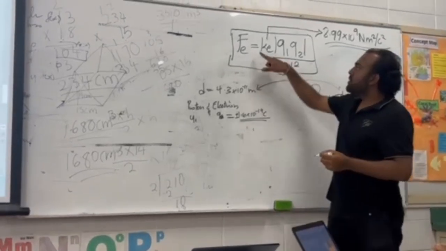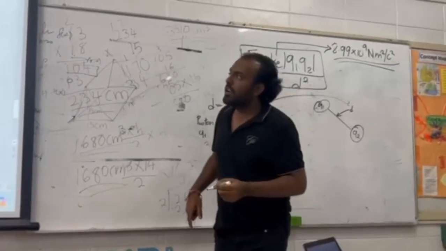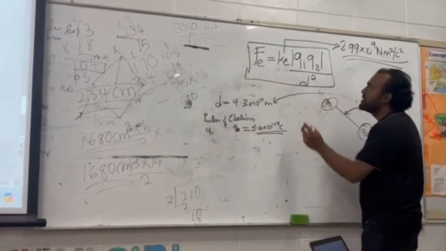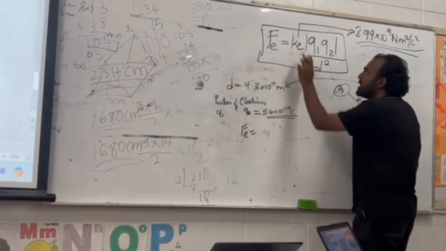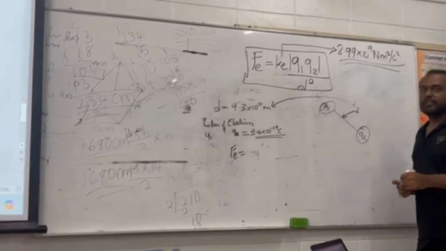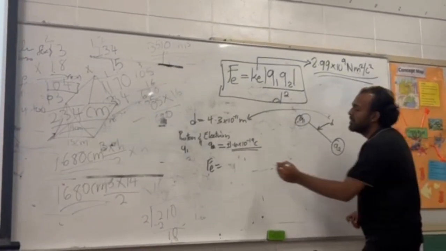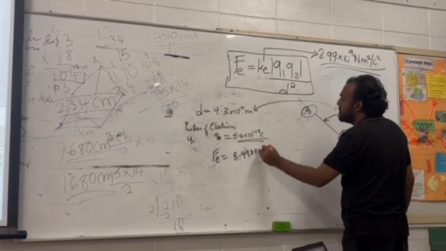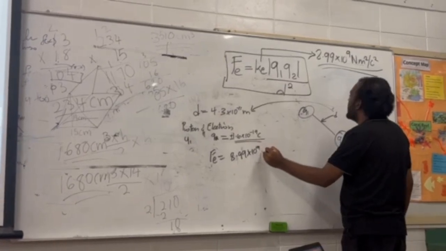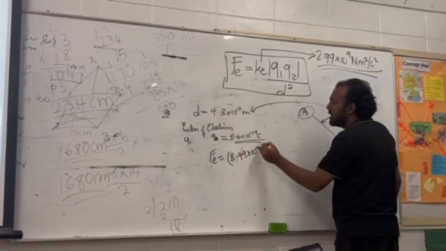So we'll use this formula to find your electric force. Fe equals Ke. What's your Ke? 8.99 times 10 to the power of 9. And your charges?